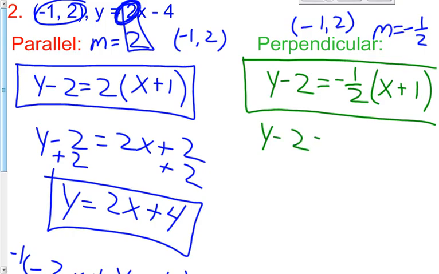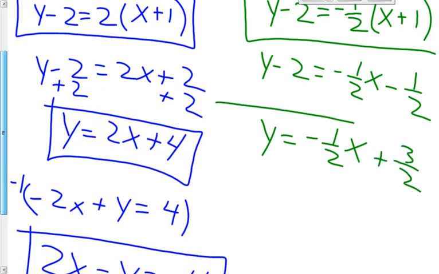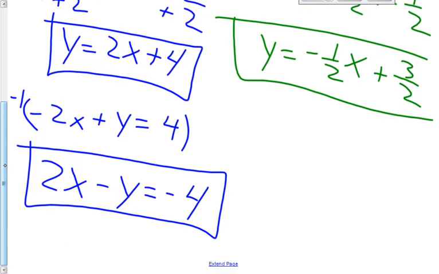y minus 2 equals a negative 1/2 x minus a 1/2. And then you have to add 2. So you'd get y equals a negative 1/2 x. A negative 1/2 plus 2 is 1 1/2, which is a positive 3/2. y equals a negative 1/2 x plus 3/2 is your answer for slope-intercept form.